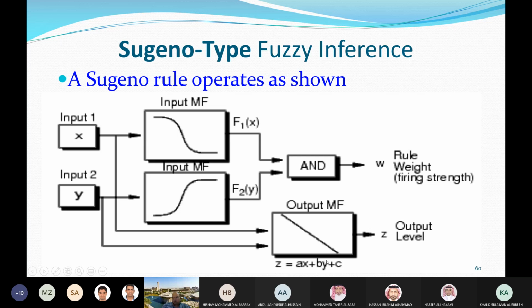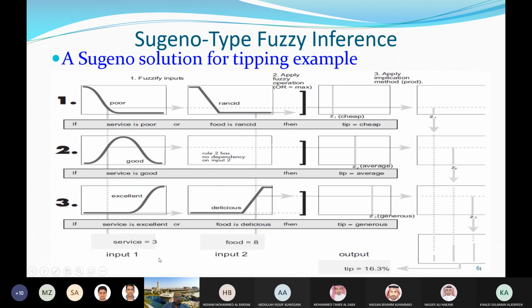You set them maybe by trial and error, maybe by optimization. You can apply a genetic algorithm or whatever optimization technique to find the optimal values of A, B and C when you want to design a fuzzy logic controller or system. But assume that you have A, B and C as constants. Whatever the measurements here, you get the linear combination. This is Z, and this is the weight. Then you apply the summation of weight times Z over the summation of weight to get the output.